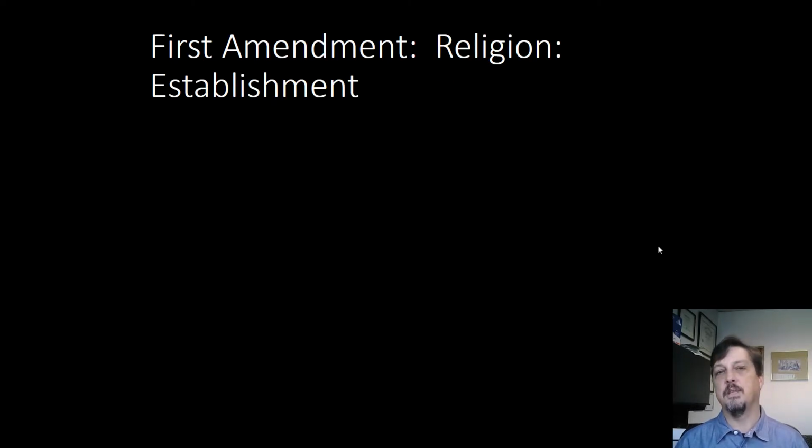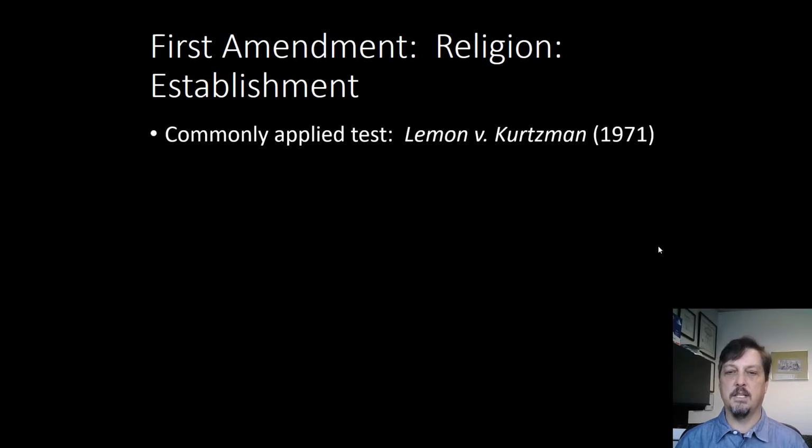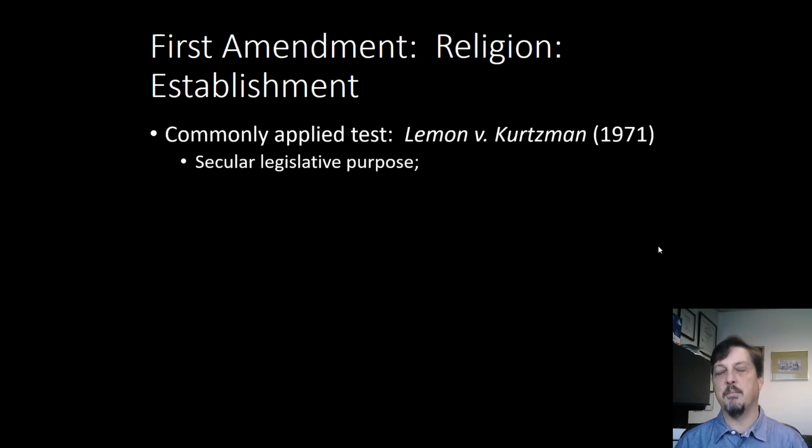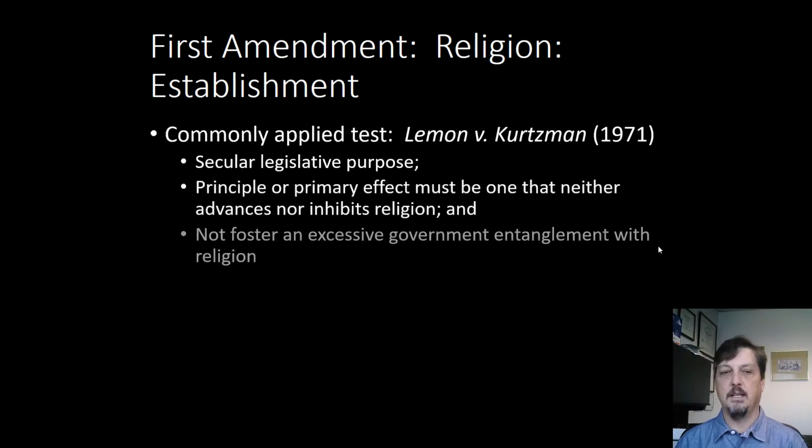We then looked at the religion clauses, and under the Establishment Clause, we just highlighted the most commonly applied test, which is the Lemon test, to determine whether something violates the Establishment Clause or not. And we said that the government action has to have a secular legislative purpose, a principal or primary effect that does not either advance or inhibit religion, and does not foster excessive government entanglement.